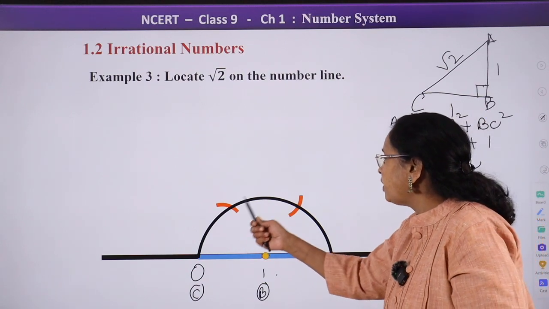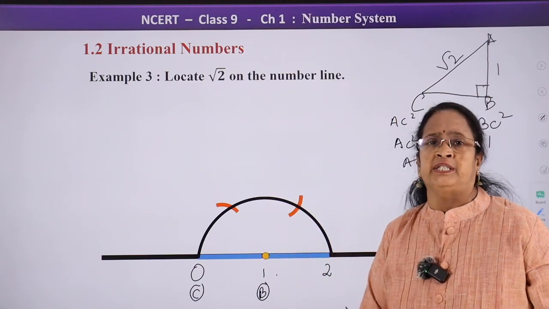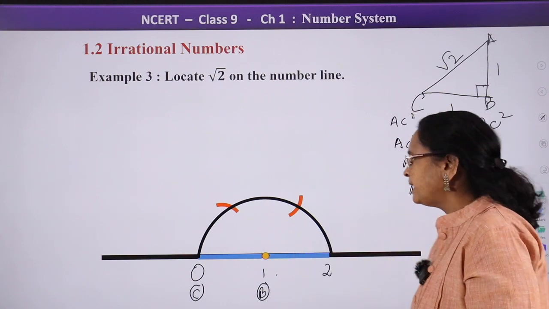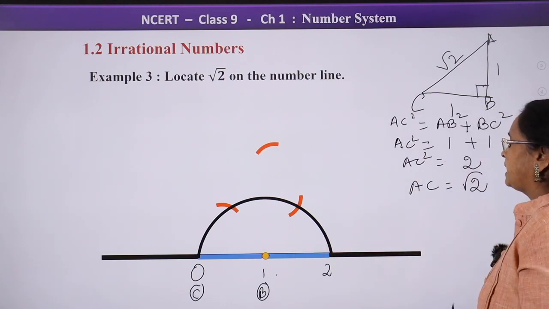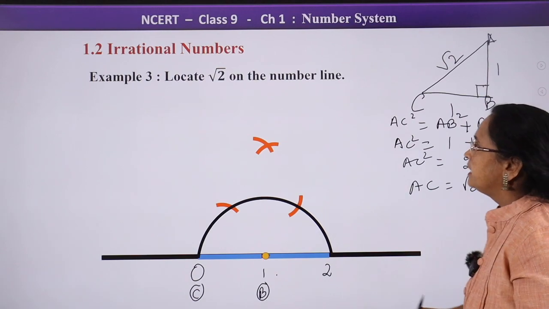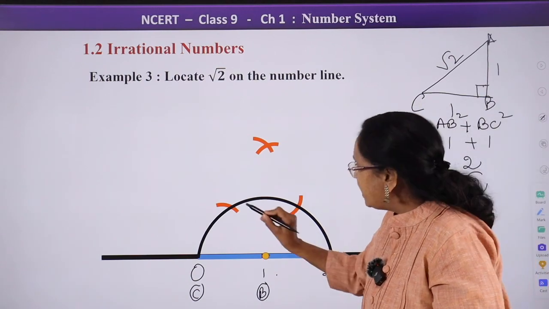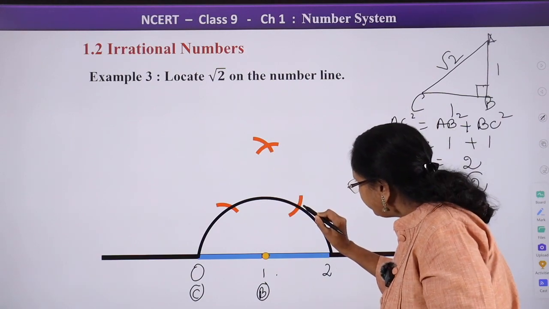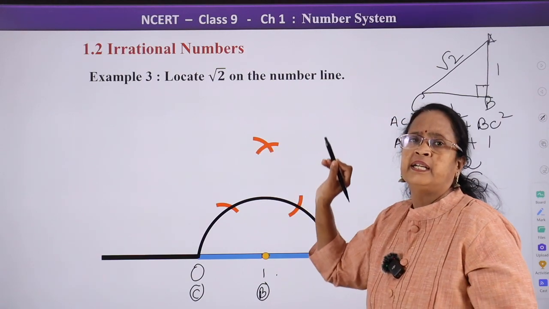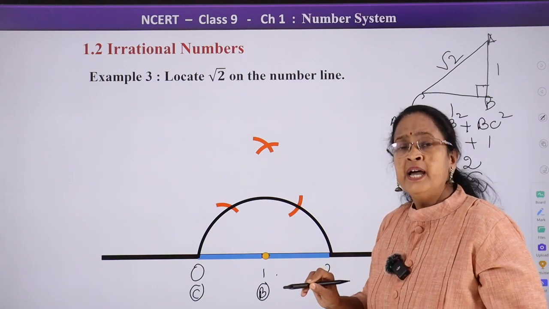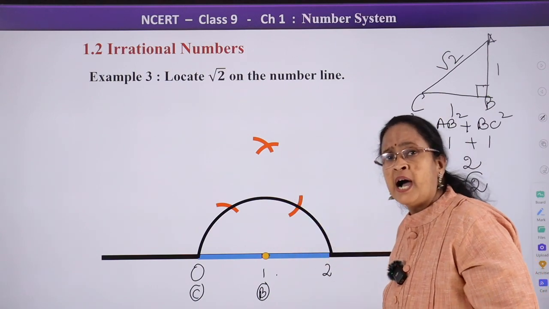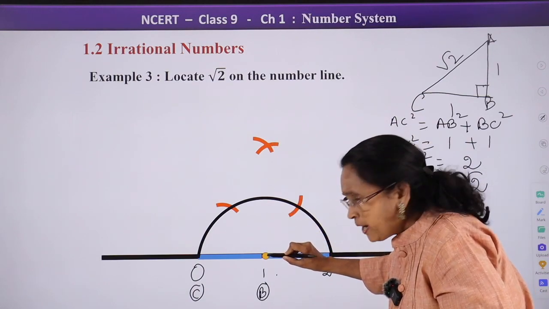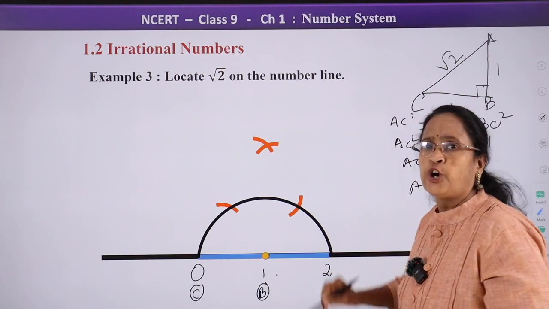So the midpoint of these two arcs will fetch us 90 degrees. Now, the next step: with 60 as center, one arc, with 120 as center, another arc. Now, where these two arcs meet, that point and the point at 1, I will join.